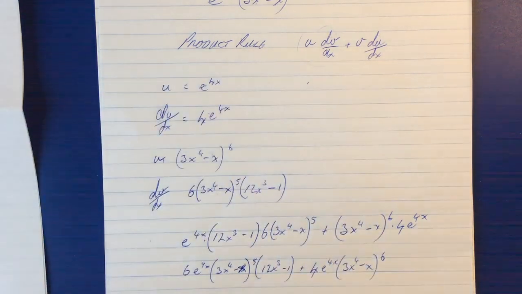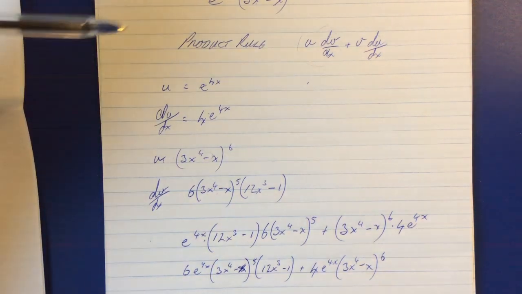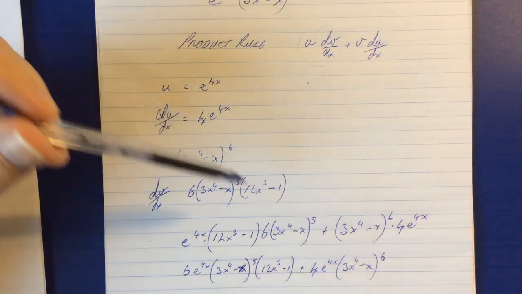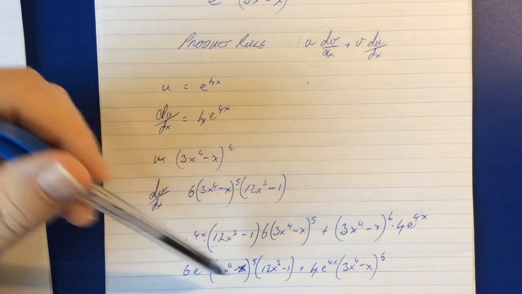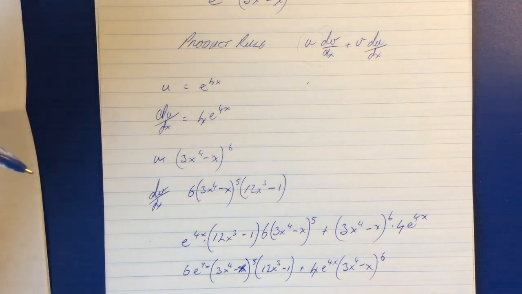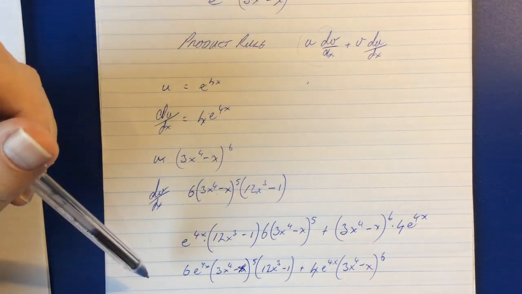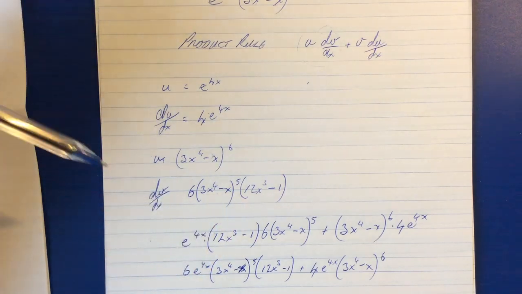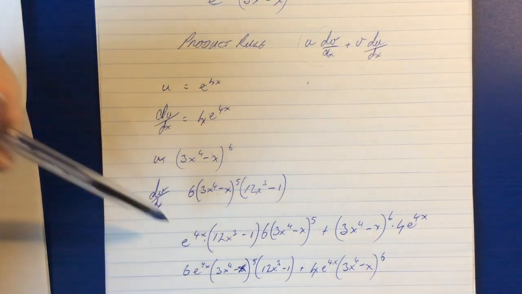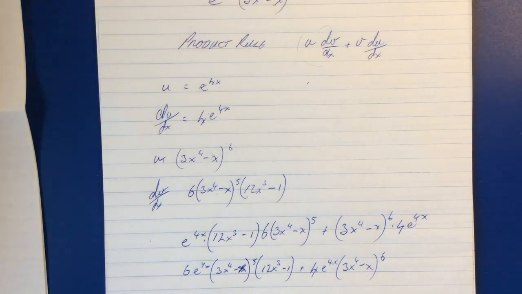Now, it can be written in a variety of ways. Someone who's quite daring might feel like expanding this. I don't know why, but you could anyway. Either in this form or this form, it's the same thing, and that is the differential of this.